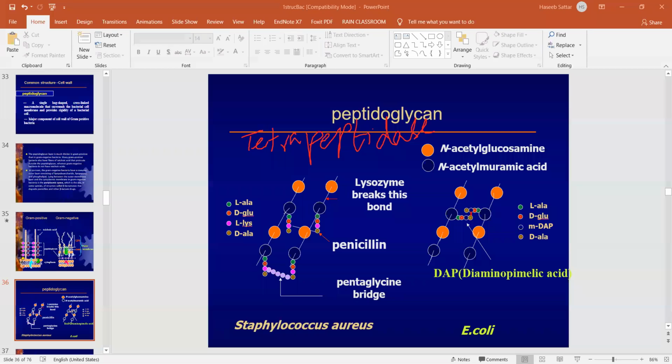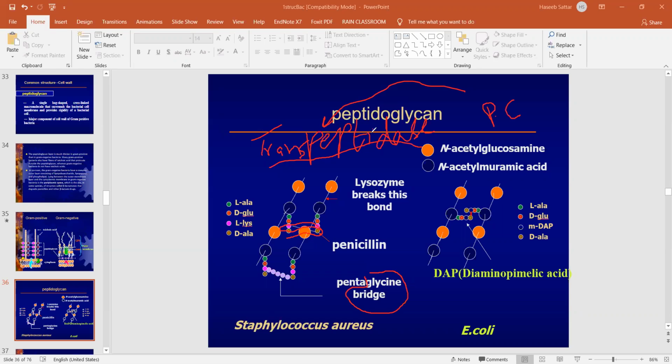Sorry, not tetrapeptidase, it's transpeptidase. Transpeptidase is an enzyme which is responsible for this D-alanine cross linkage. Transpeptidase is an enzyme which produces this glycine bridge. So penicillin and cephalosporin antibiotics block this transpeptidase enzyme.